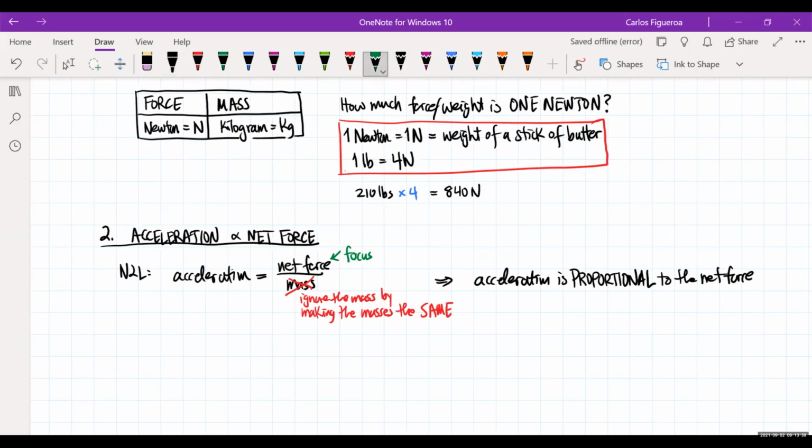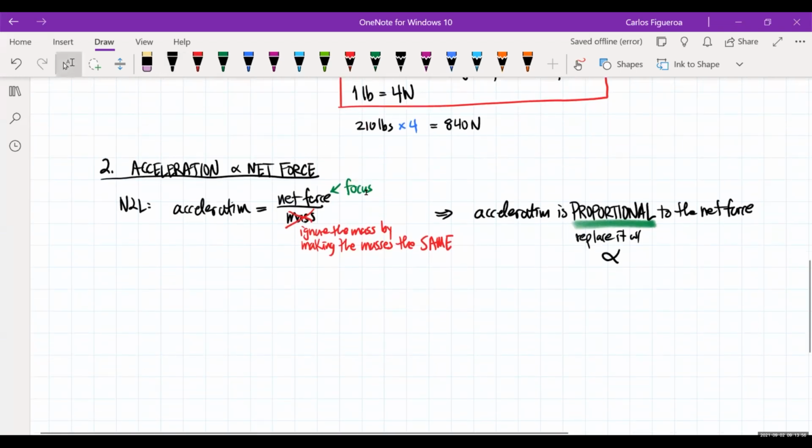If I look at this word proportional, we replace it with this symbol right here, the little fish symbol. So if I was to rewrite this, I would say that the acceleration is proportional to the net force.